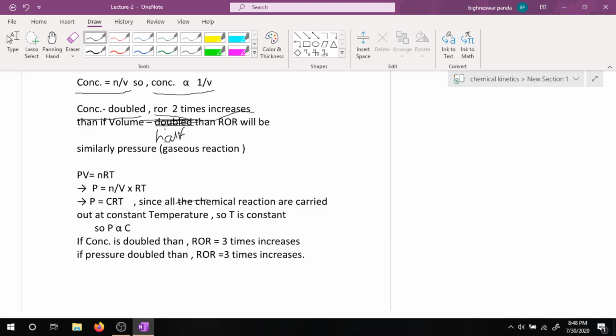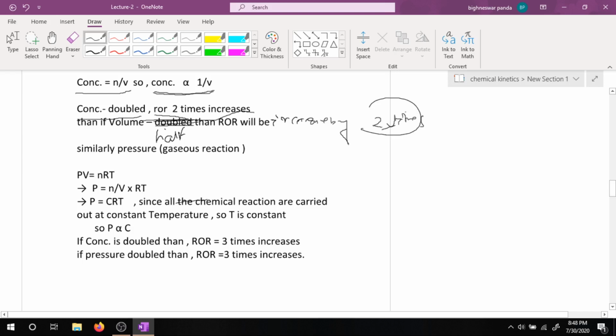Since we have seen that concentration is inversely proportional to volume, if volume becomes half, concentration becomes 2 times, so rate of reaction will be increased by 2 times. As simple as that.